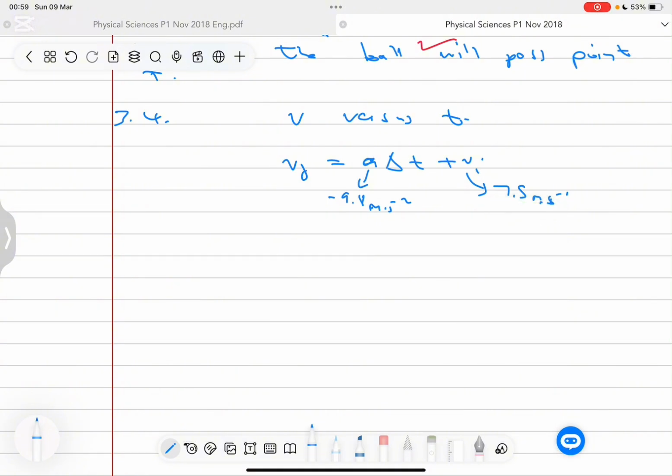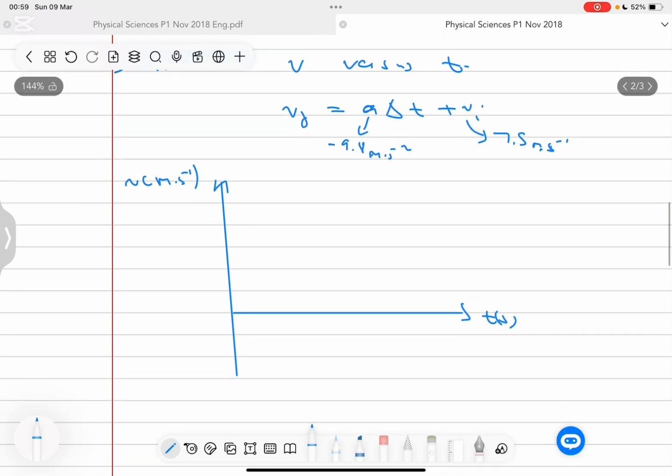That's all I need in order to draw my graph. If you don't understand what I'm saying and what I'm doing, I advise that you quickly go to the playlist of the lessons in vertical projectile motion, where I explain all these graphs, and be sure that you know what we are doing here.